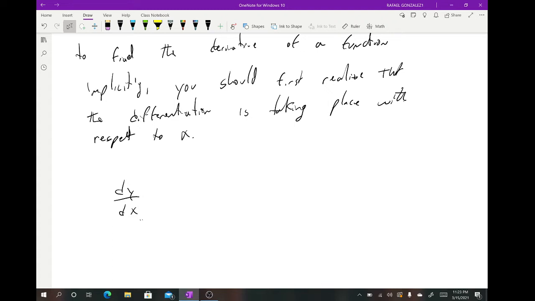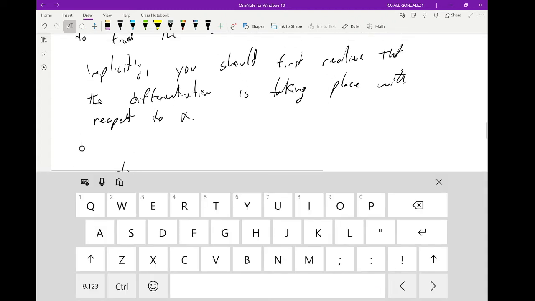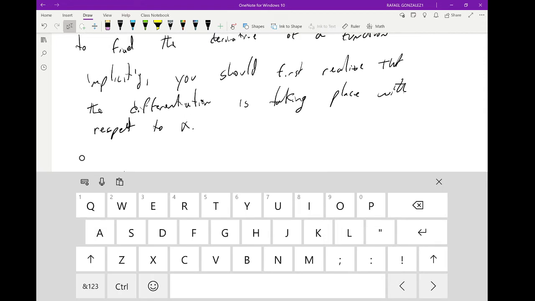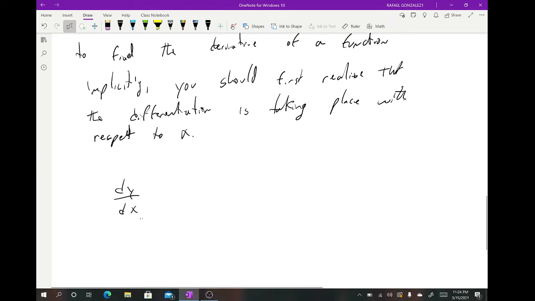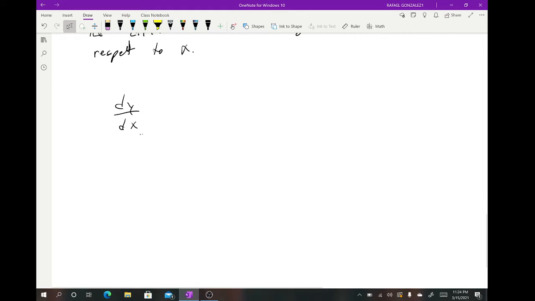Now, when we take the derivative of a function that's defined implicitly, then we differentiate as we normally do. However, we have to apply the chain rule because we will be kind of ignoring the fact that the y's are there. So we have to use the chain rule.